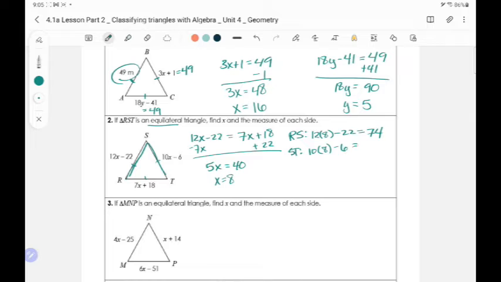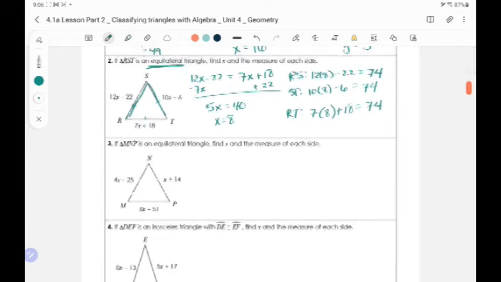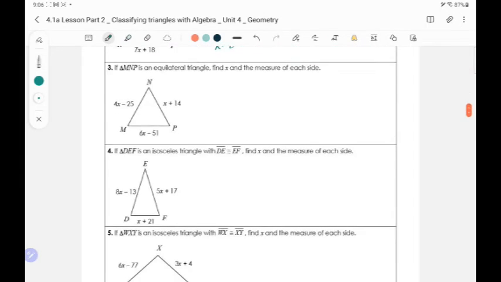Well, that one's pretty easy because 10 times 8 is 80 minus 6 is 74. And then the last one is RT, and we get 7 times 8 plus 18. Well, what's 7 times 8? 56 plus 18, 74. Notice that they're all equal. They should have been because it's an equilateral triangle. If you get different answers for those three sides, then you know you did something wrong. You're going to do the same thing on number 3.